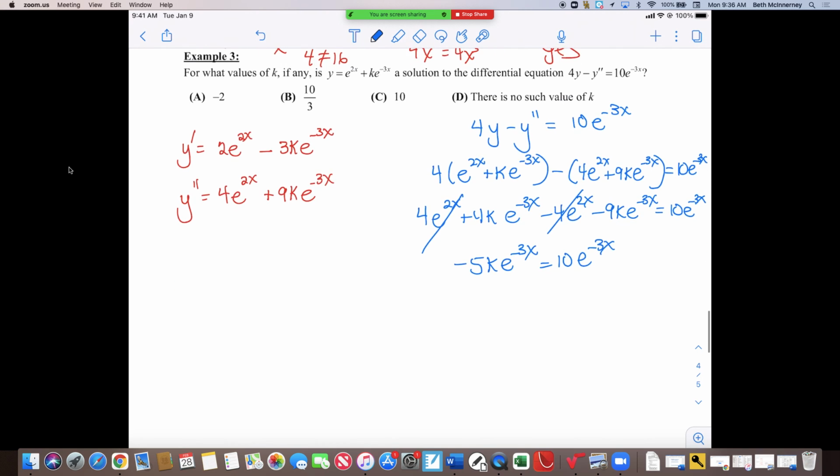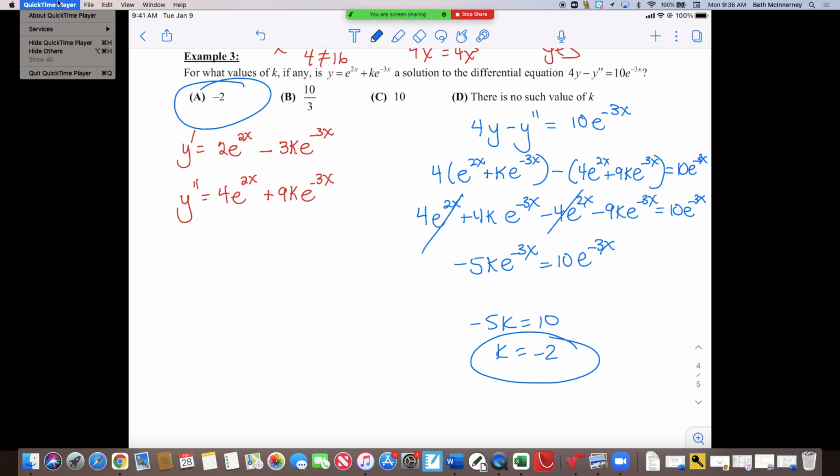So then you're coming down to that negative 5k equals 10. So k equals negative 2. How many got that? You guys get it? Awesome.